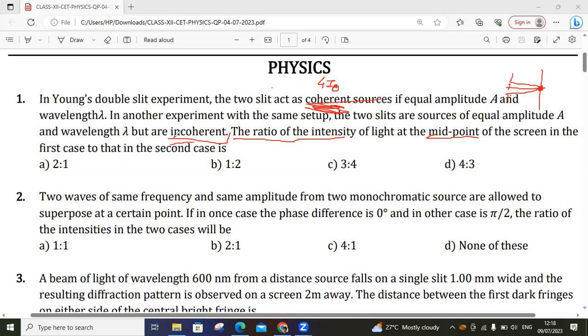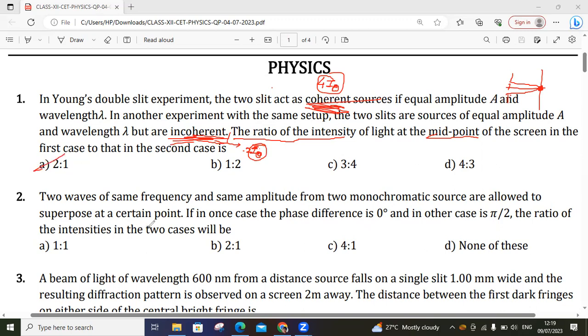And here they are incoherent sources, so the intensity will be the average intensity, which is 2 I naught. Because they are incoherent, all phase differences are possible in any small interval of time, so we average the intensity over all phase differences. So we get 2 I naught. Now first case by second case is 2:1. That is the first option. Then go to the second question.